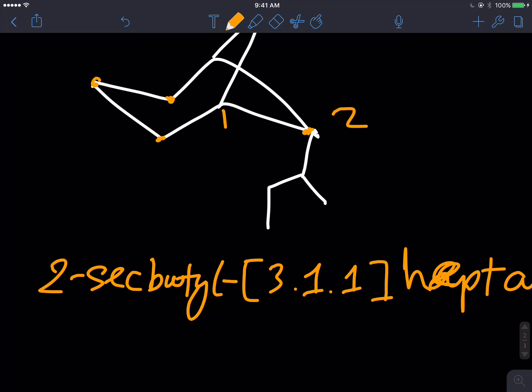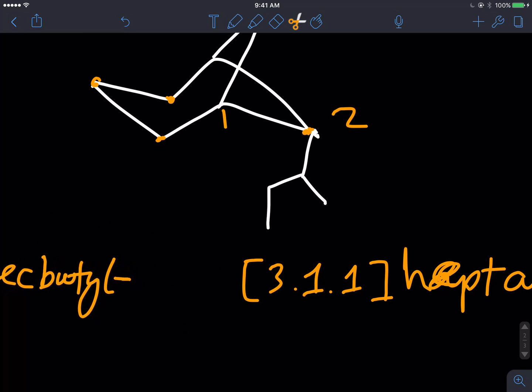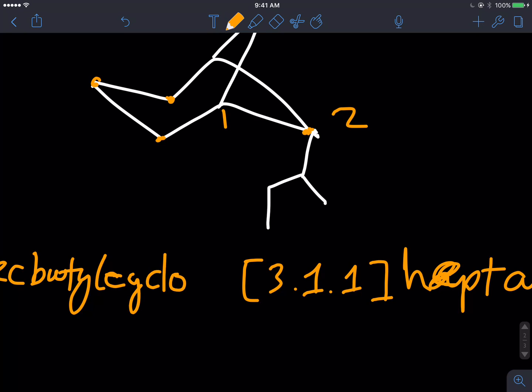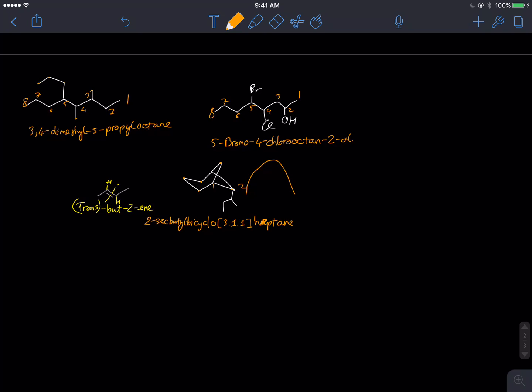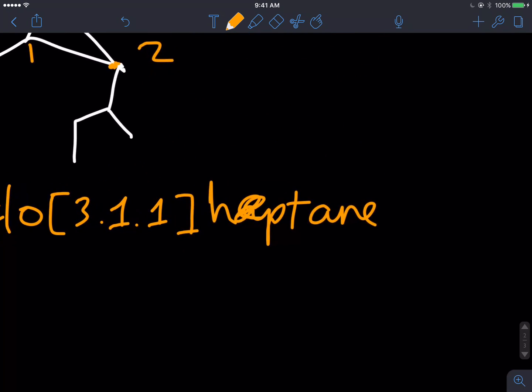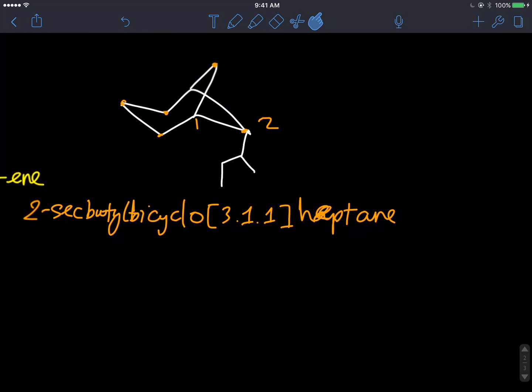So it's a butyl bicyclo. That should be it: 2-sec-butylbicyclo[3.1.1]heptane. Correct? Yep. This should be for nomenclature.